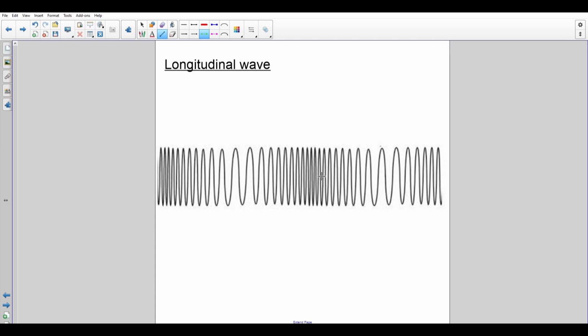Where it's repeating itself is going from one area where it's squashed together to another area where it's squashed together like that. Or, again, this can be any part of it. It could be one area where it's far apart to another place where it's far apart. So you need to draw that on. I'll do it from there and label that as your wavelength.